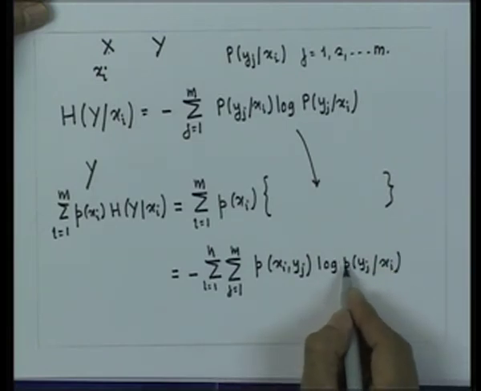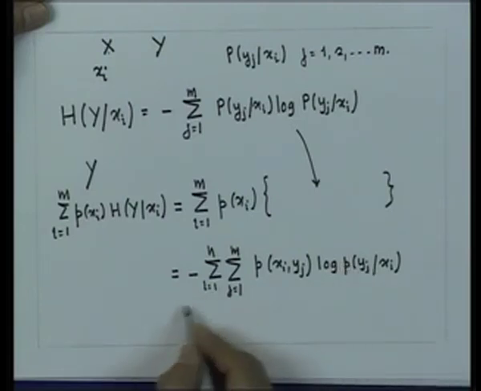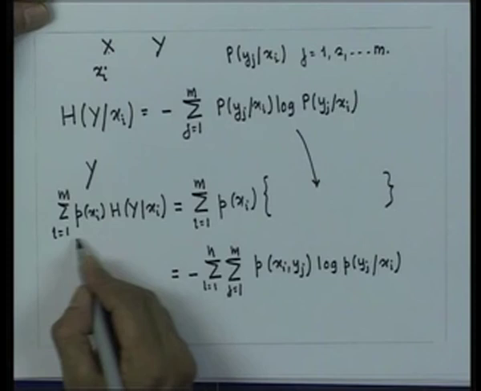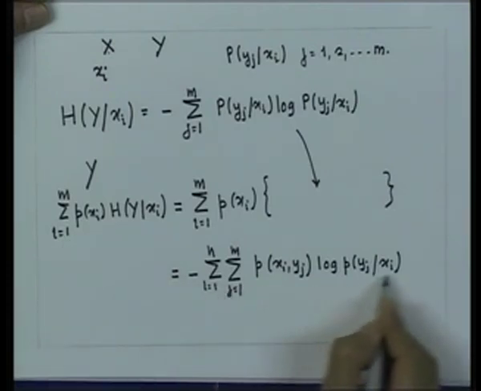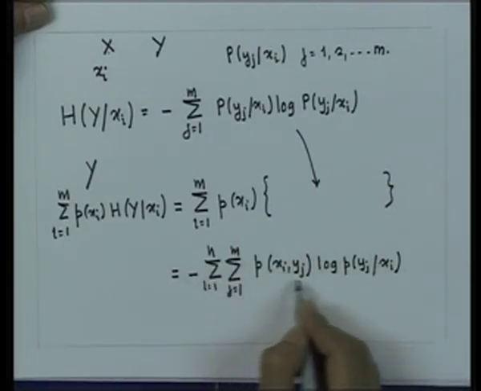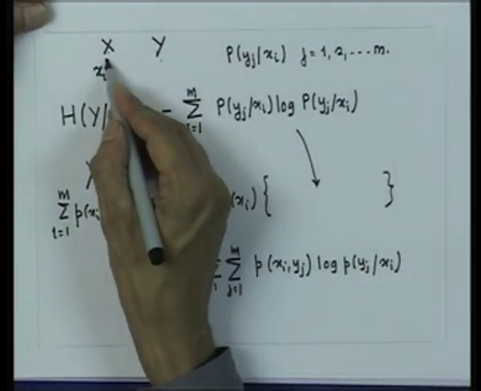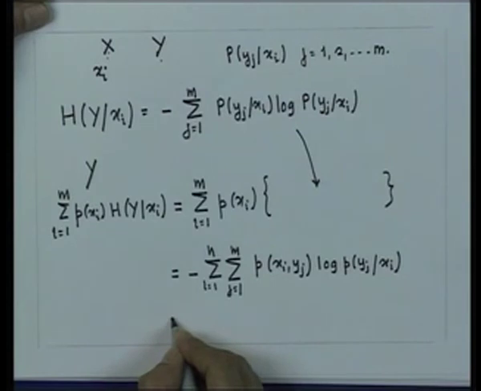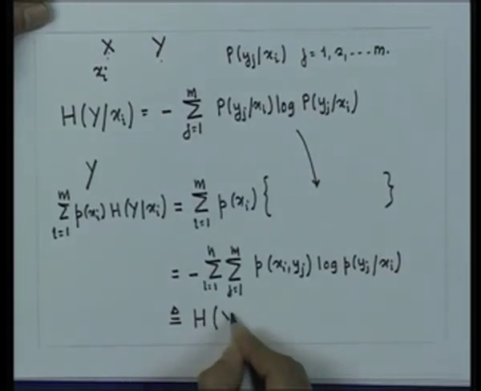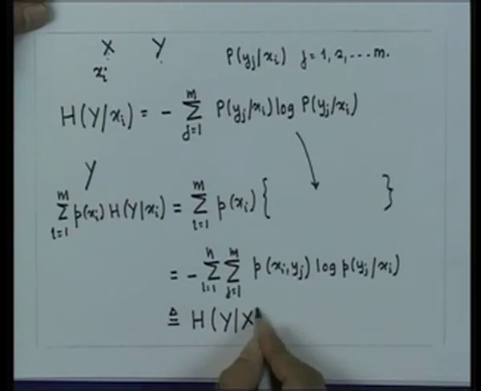I have changed my notation from capital P to small p, they are the same. So, this is the amount of average information of y given foreknowledge of x, and this by definition I will call H of y given x.